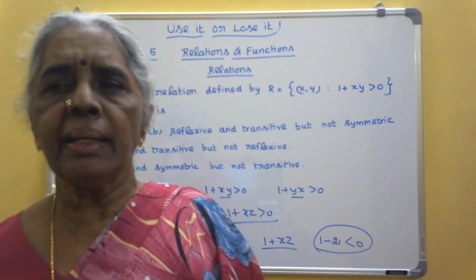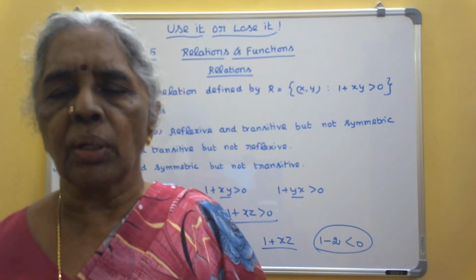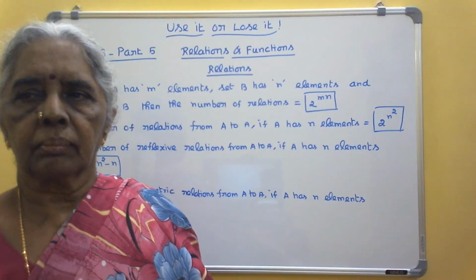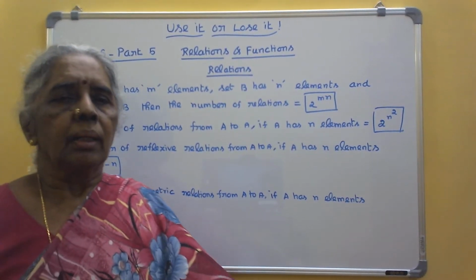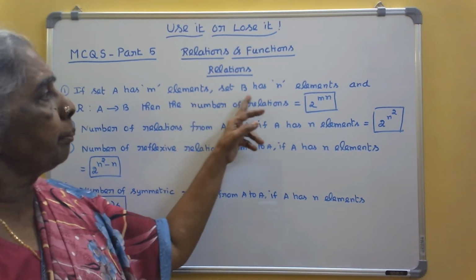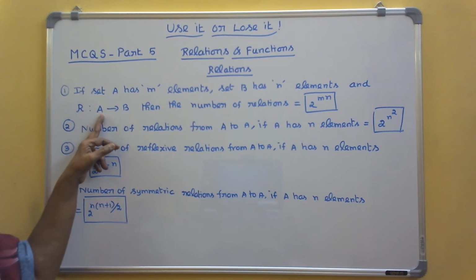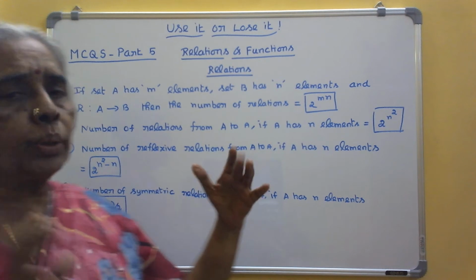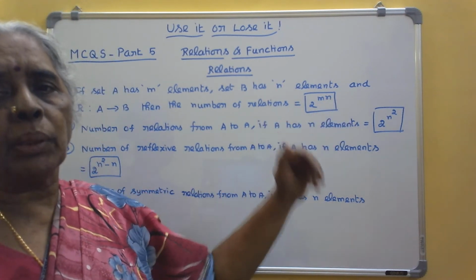Now we will be seeing some formulae and concepts which are not given in the NCERT textbook. I will tell you and we will do a few sums based on them. Let me explain a few concepts now. If set A has m elements and set B has n elements and the relation goes from A to B, then the total number of relations will be equal to 2 power mn, m into n.